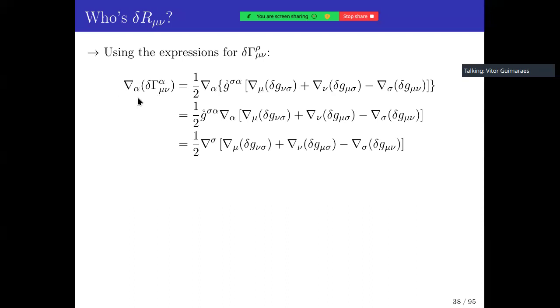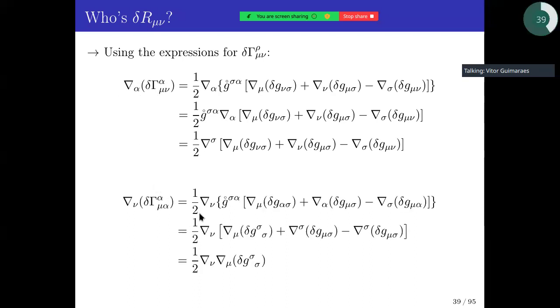With the first term. The second term is completely analogous, okay? So here, from here to here, we used the fact that, in fact, we also used the fact that the covariant derivative is compatible with the metric. So what we did was the inverse operation, right?